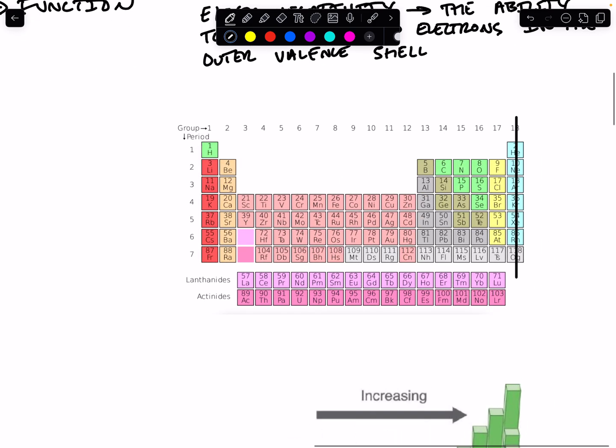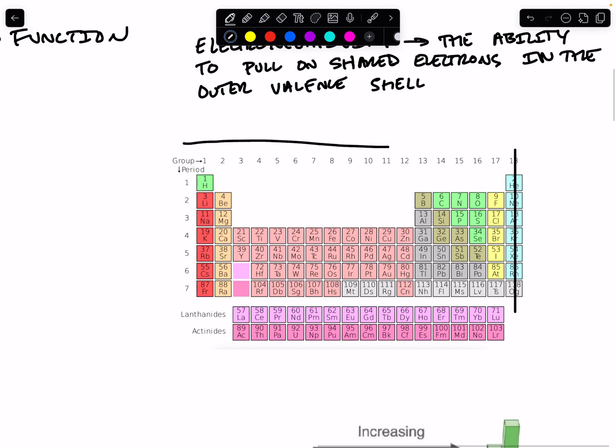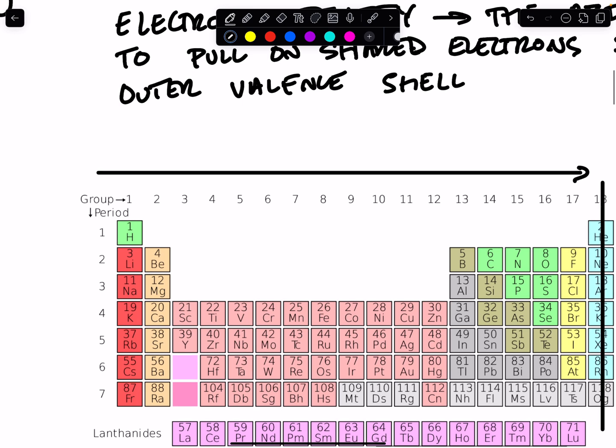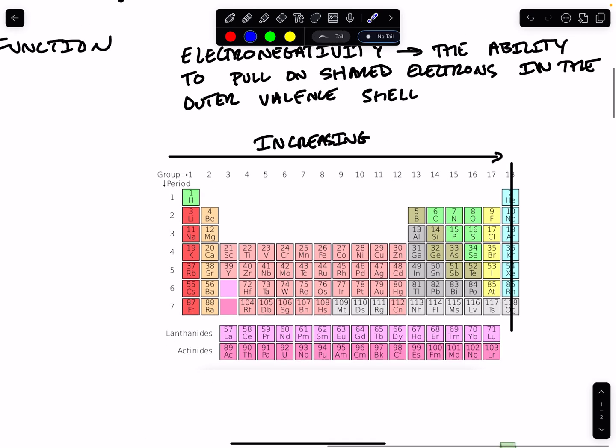Electronegativity tends to increase as we move across a period, so one row within the periodic table. So it's increasing in this direction. The reason for this is, let's look at the second period right here, because it's a little bit easier to see the trend.